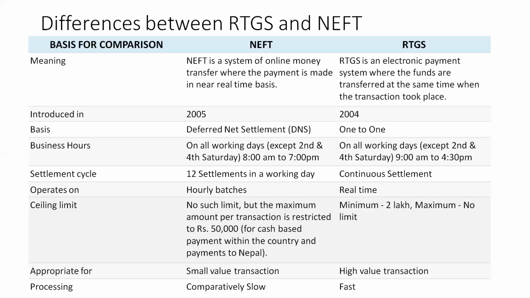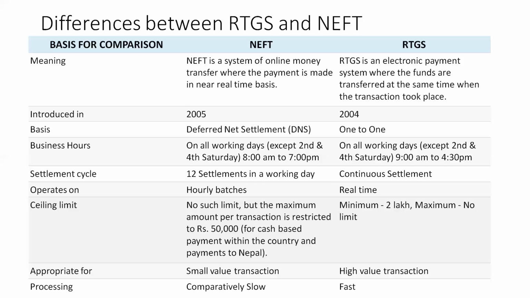Now the fund ceiling: in case of NEFT, there is no such limit overall, but the maximum amount per transaction is restricted to rupees 50,000 for payments within the country and payments to Nepal. So NEFT is for smaller amounts, and you can transfer multiples of 50,000 in separate transactions to your respective customers.